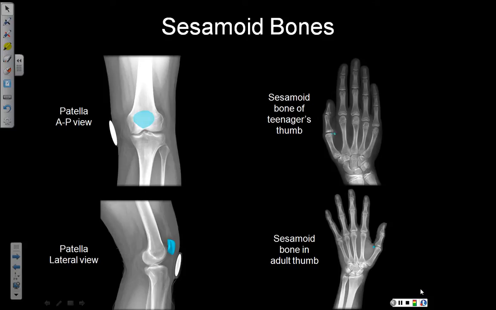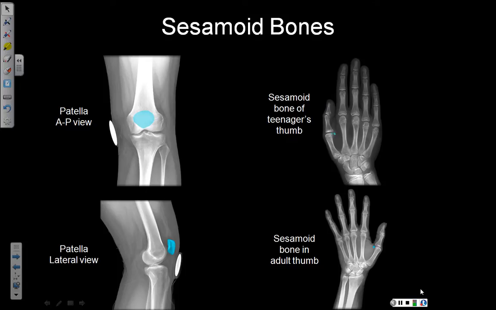If you look at this thumb right here, the sesamoid bone of a teenager's thumb, like I said, when there's stress put on a bone, a little sesamoid bone forms. Looks like he's got two. They're little P-shaped structures. This is one in an adult. This is one in a teenager. They have two. Now, these are going to fuse together, creating the one that you have in an adult. You also have them in the rest of these metacarpal bones as well.